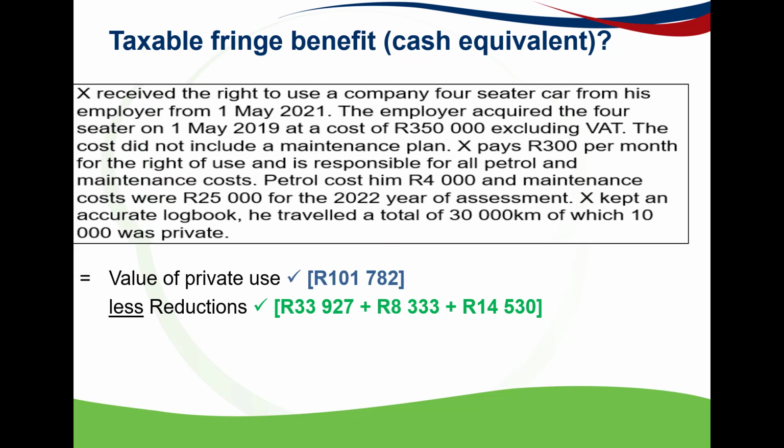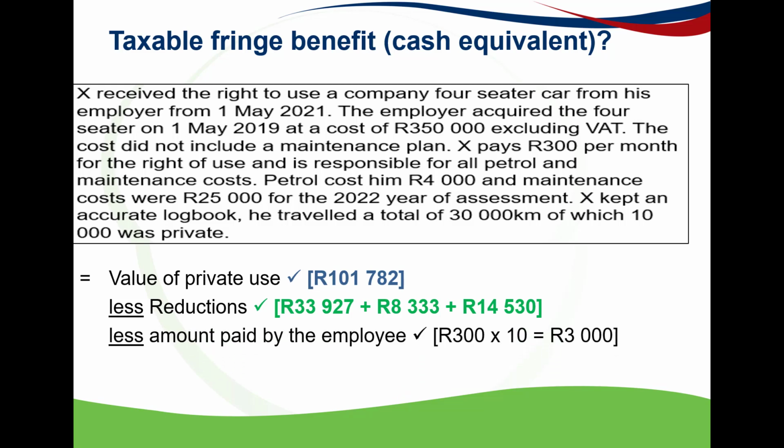Right, now we need to have a look at the last deduction for us to get to a taxable fringe benefit, or reduction, which is the amount that is paid by the employee. And if we look at our example, then that amount is that 300 over here, and it was paid per month.